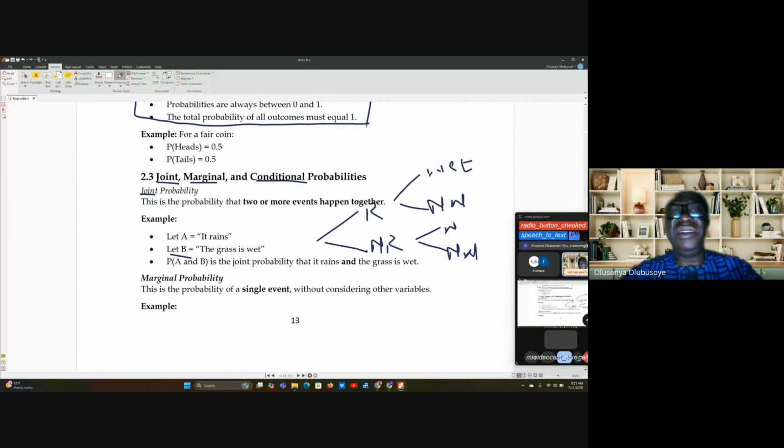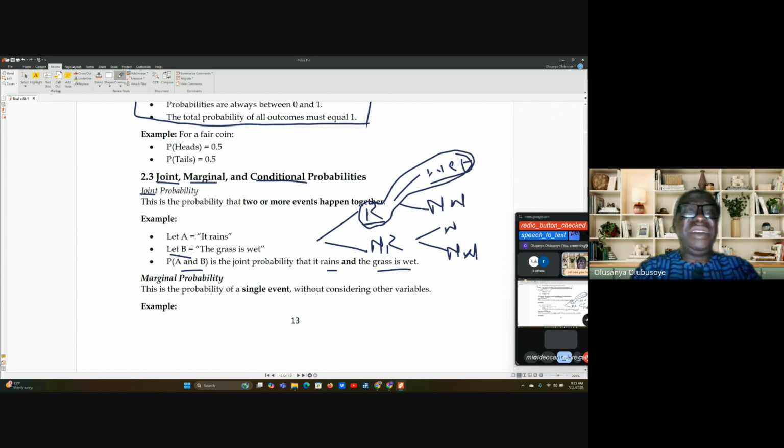So again, we may be interested in the joint probability that it rains and the grass is wet. This is our favorable outcome. But you need to know all the possible outcomes.